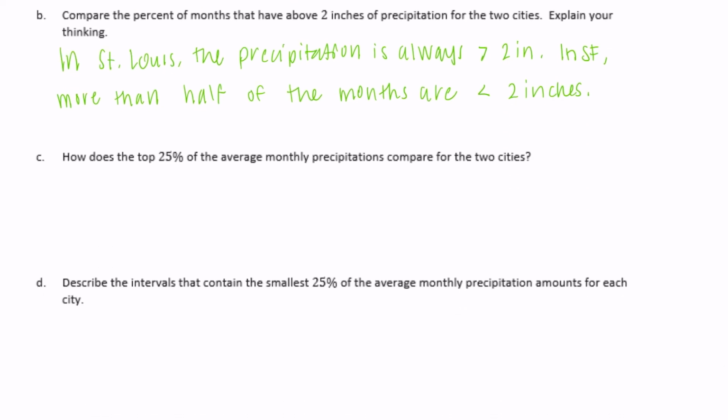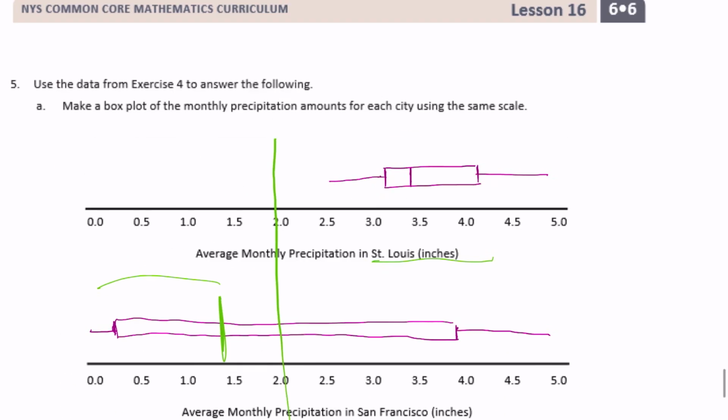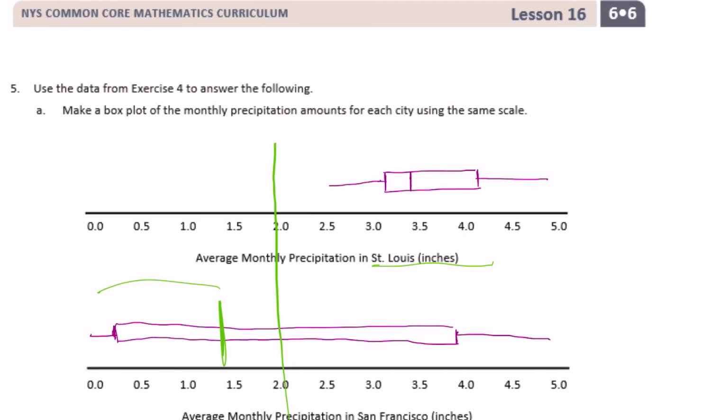C, how does the top 25% of the average monthly precipitations compare for the two cities? So the top 25%, for St. Louis, it's above 4 inches. And for San Francisco, it's pretty close to 4 inches. So I would say that they're pretty similar in their top 25%.